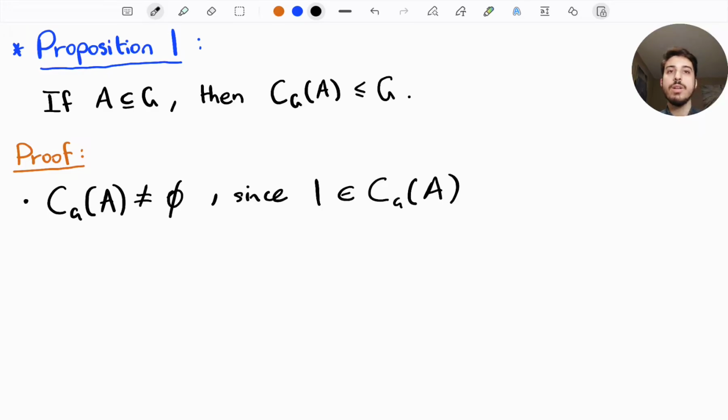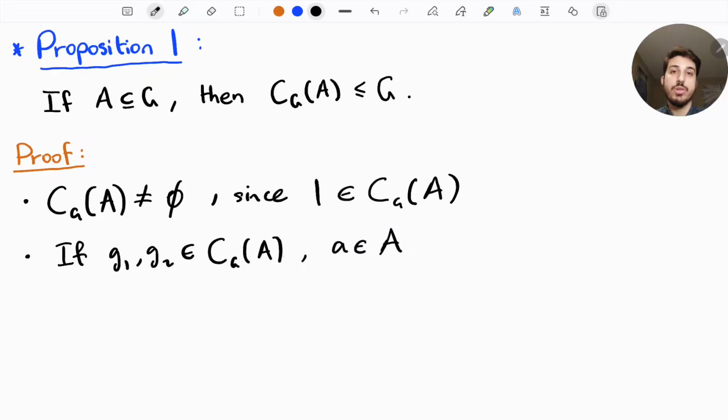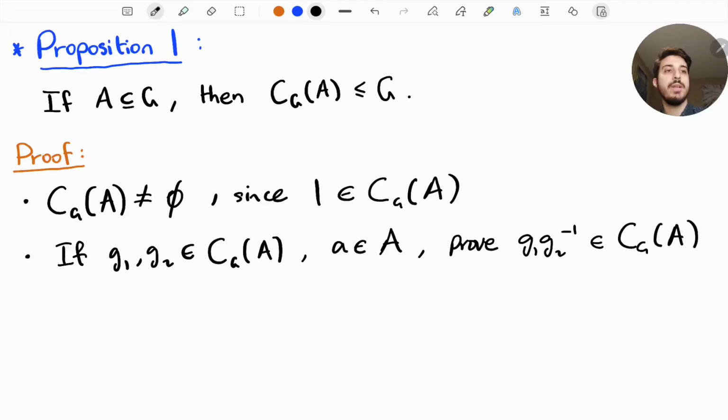The second thing is that if g1 and g2 are two arbitrary elements in C_G(A), and let a be any element in A, arbitrarily chosen, then prove that g1 g2 inverse is in C_G(A) as well.